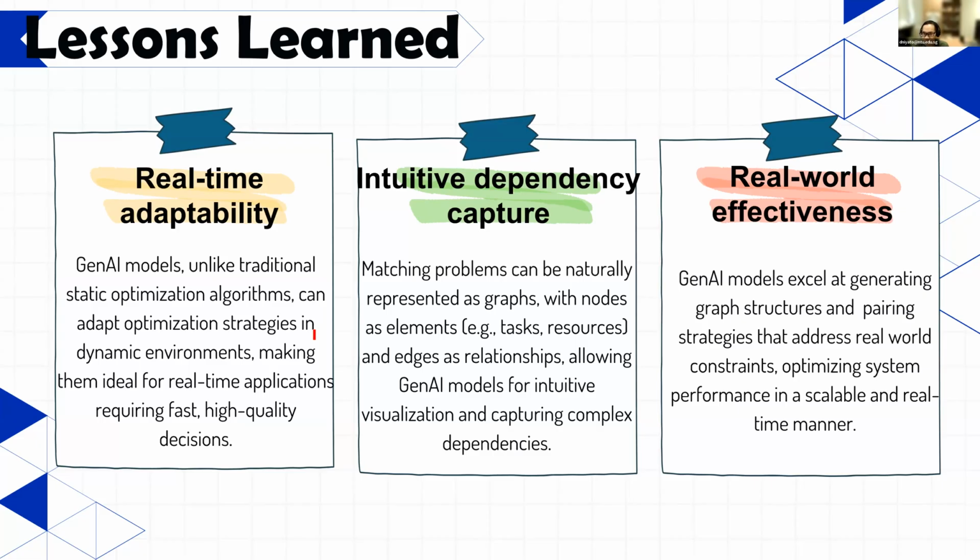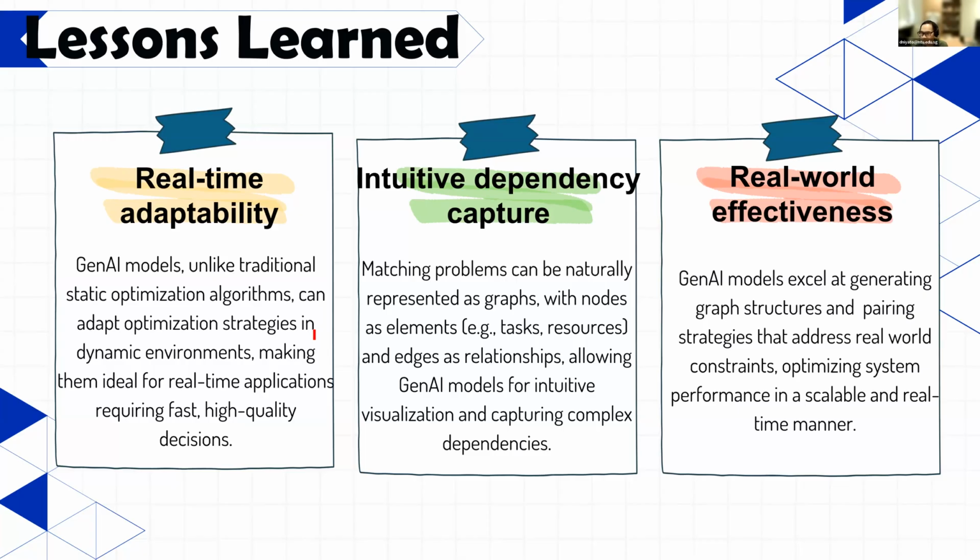Matching problems can be inherently represented as a graph with nodes as the elements, such as tasks, resources, and users, and we can have the edges as the relationships. By formulating the model in this way, the generative AI model can provide visualization and be able to capture complex dependencies that are interpretable and also explainable.